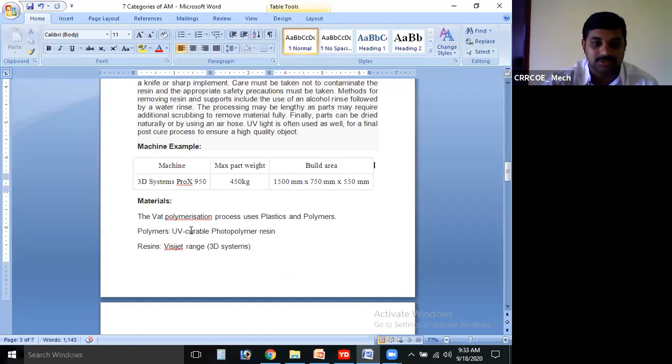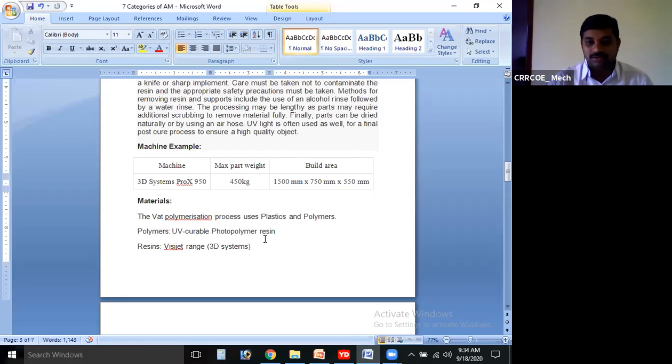Materials used in this vat polymerization category are polymer materials. When exposed to light, they cure and harden. That is photopolymer.